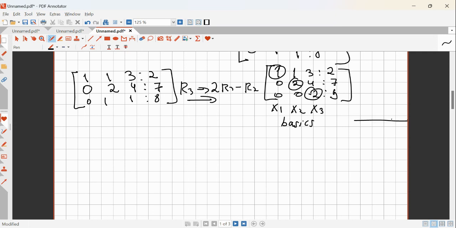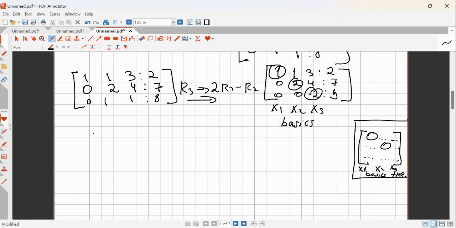For example, when you have only two pivot positions, not three pivot positions, only two, we can call x1, x2 basic, but what about x3? It's just a free variable. If there is no pivot position, it means the position is 0.